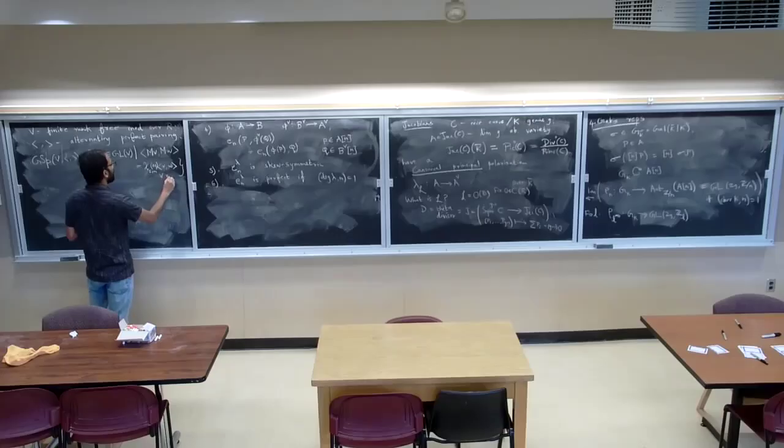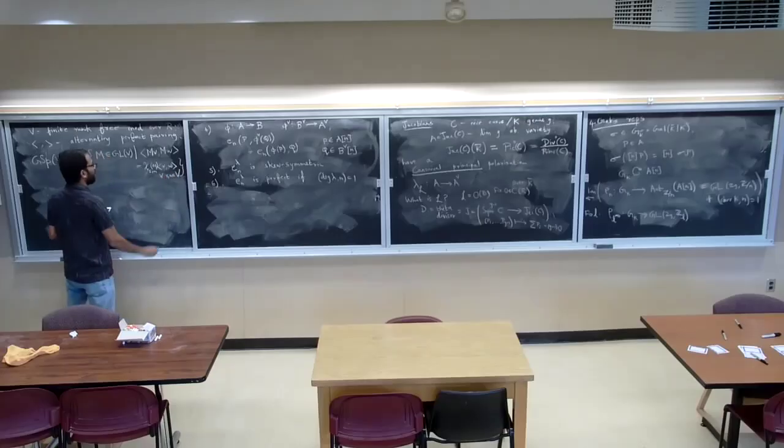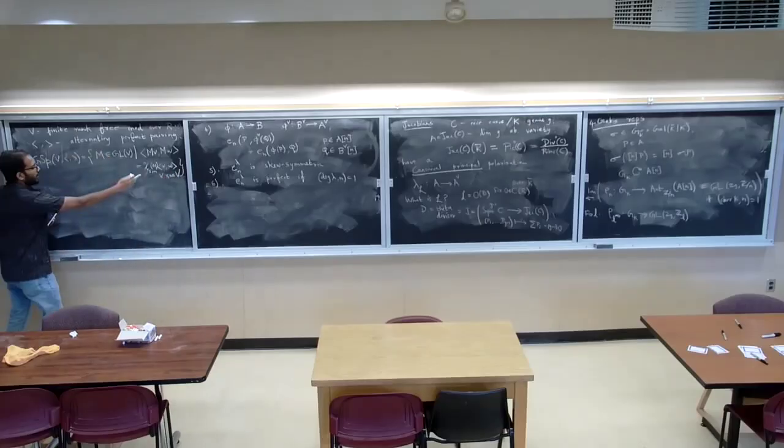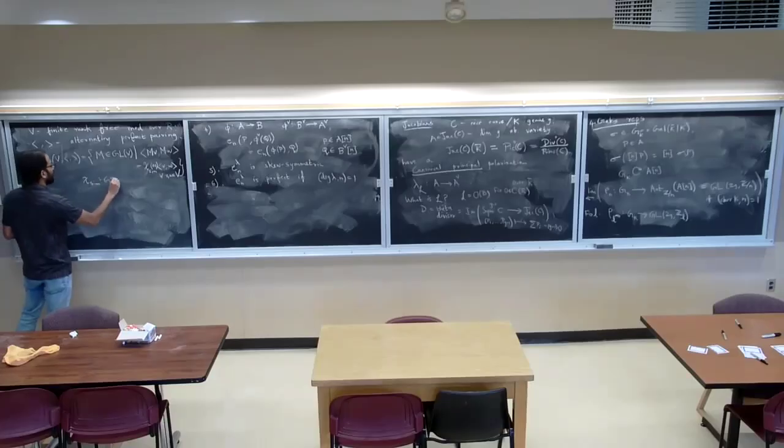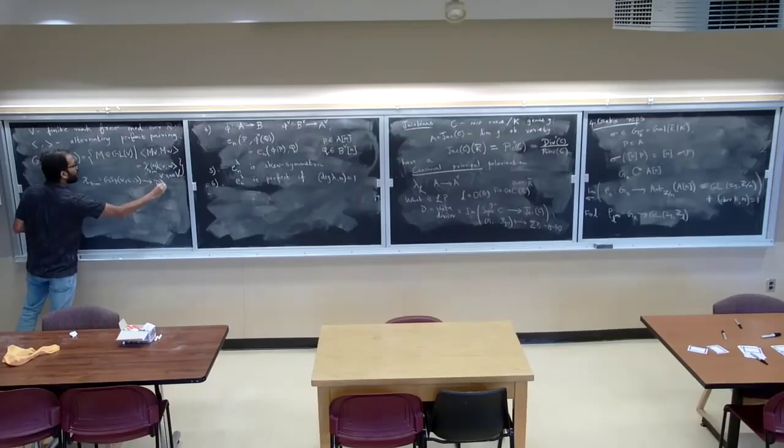This should be true for all V and W. So this scalar defines a map from this group into R cross. This is called the similitude character.